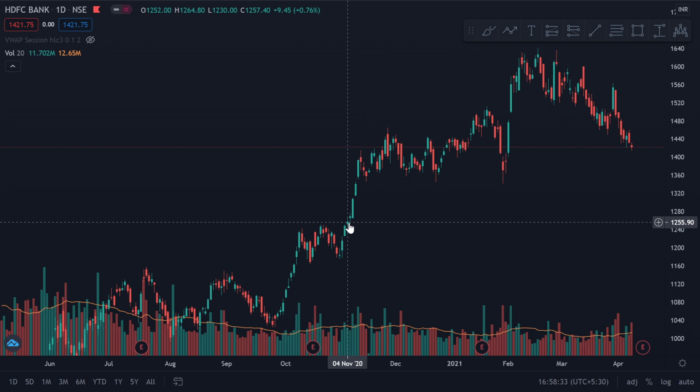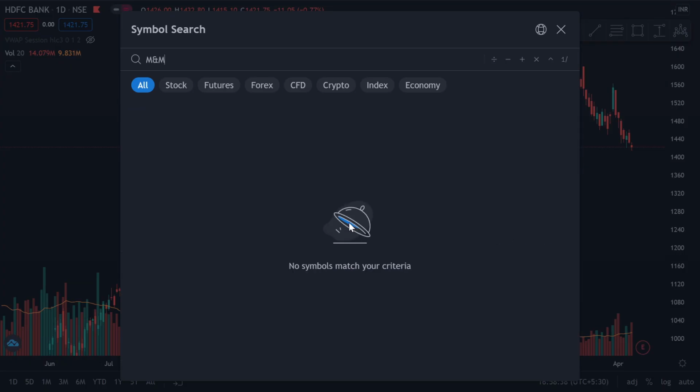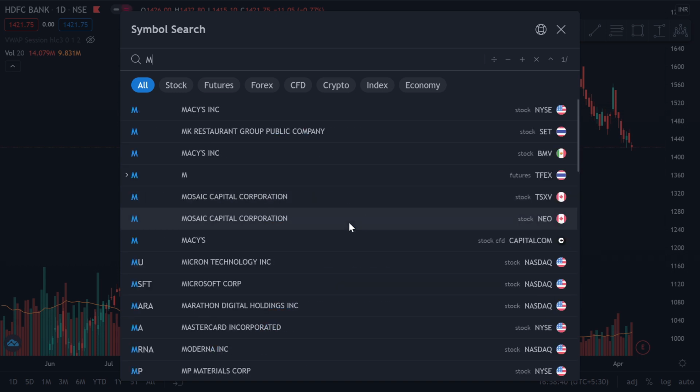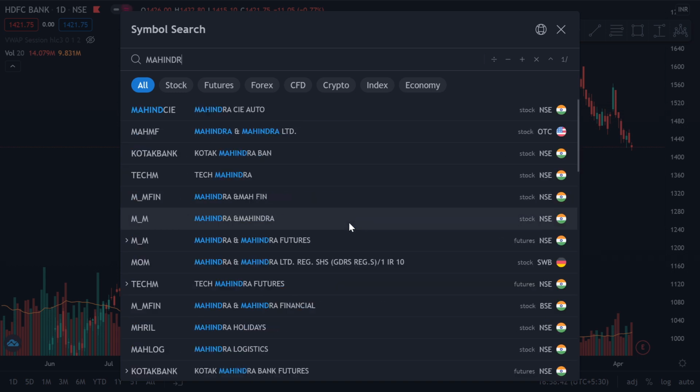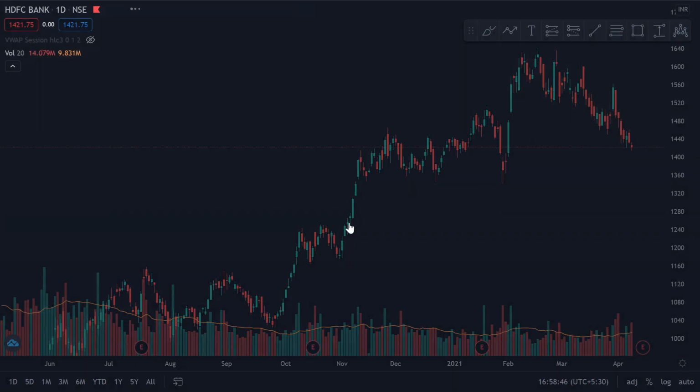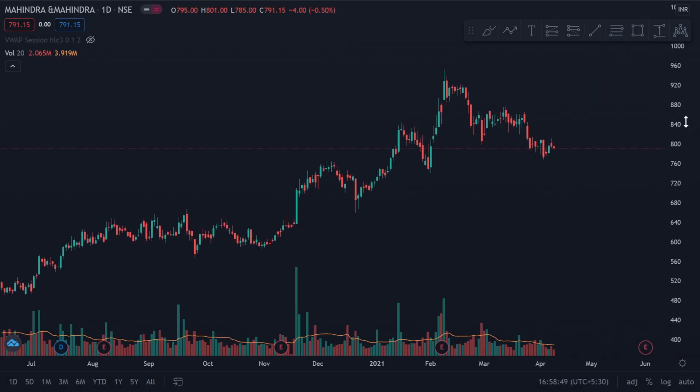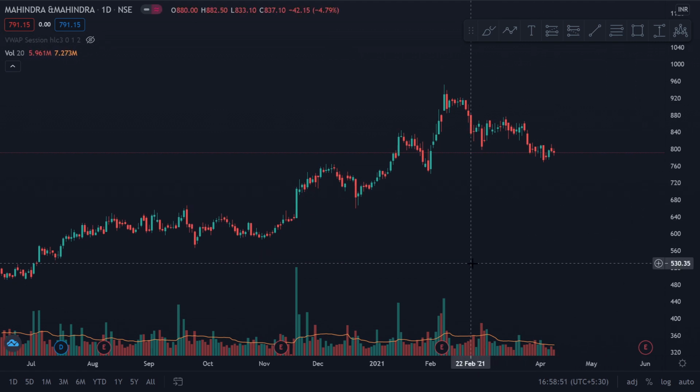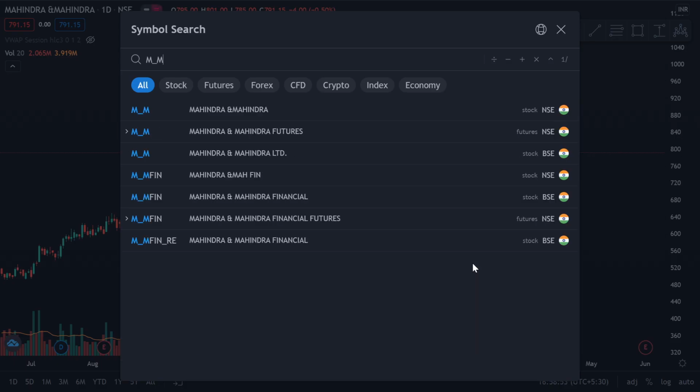Now I will show you some stocks which are forming very good price action patterns currently, which can be traded upon. So the first one is M&M. I'm sorry, it's Mahindra & Finance.